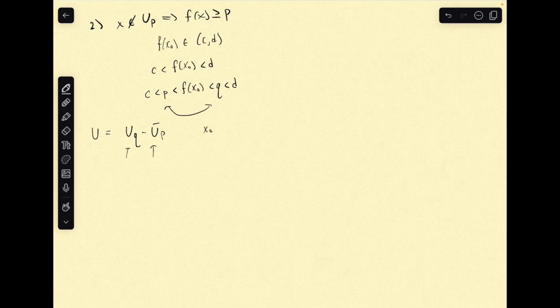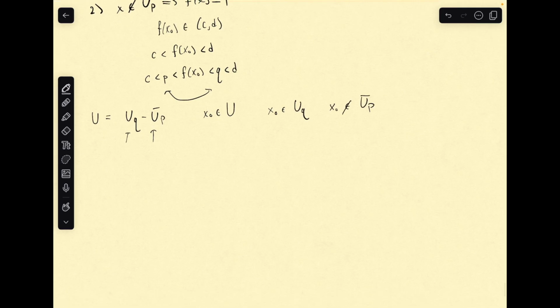And now we want to verify that this is indeed a neighborhood of x naught. The way we do that is we show that x naught is an element of uq and x naught is not an element of the closure of up. So firstly, we have that f of x naught is less than q, right?